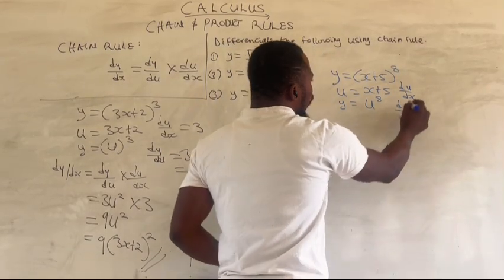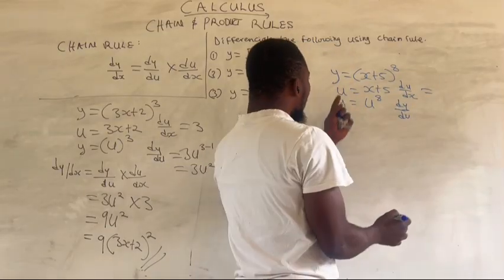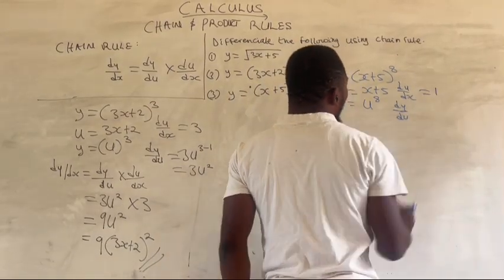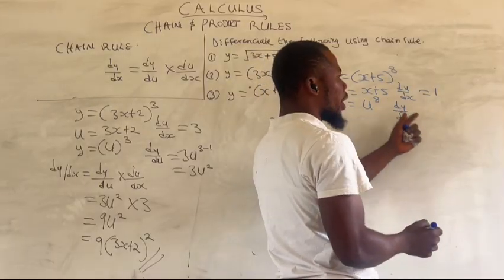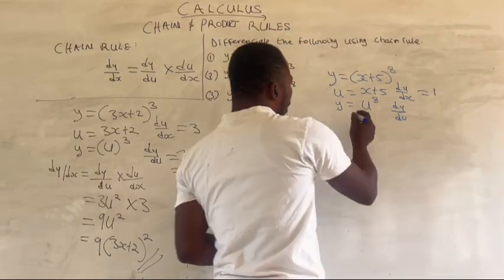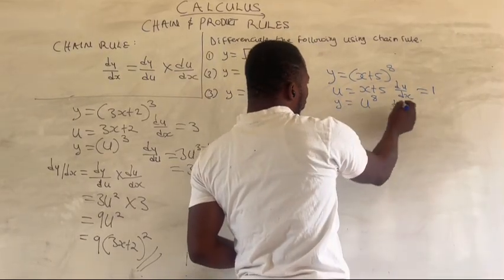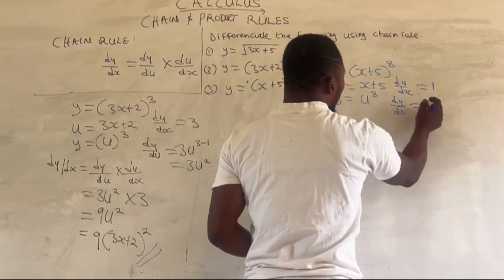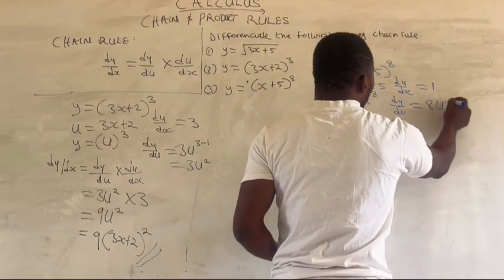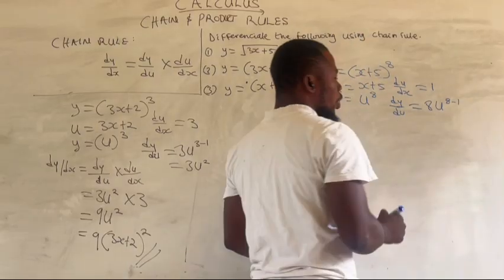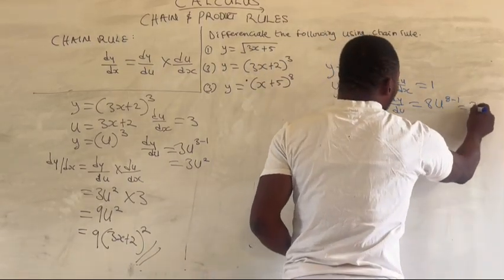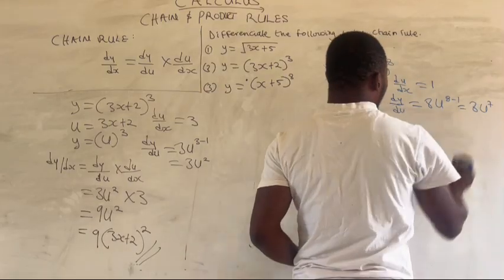So our du dx, differentiating u with respect to x: if you differentiate x, you will have 1. If you differentiate any constant number, you get 0. Then our dy du, differentiating y with respect to u, will now be equal to 8u raised to 8 minus 1, using the power law, which will now give us 8u raised to the power of 7.